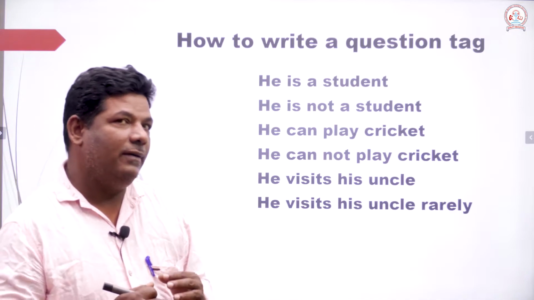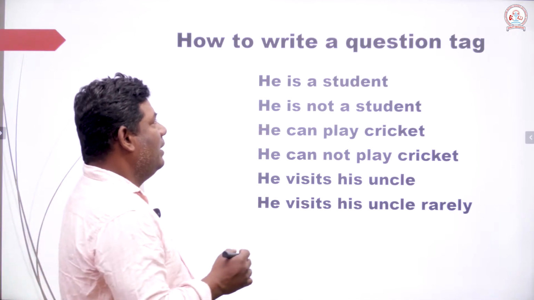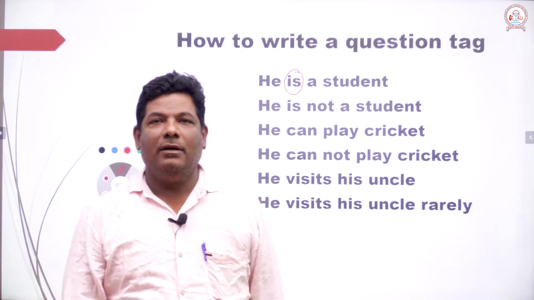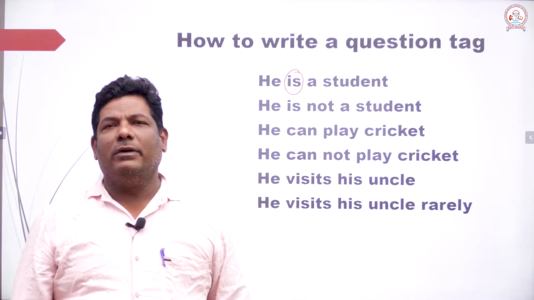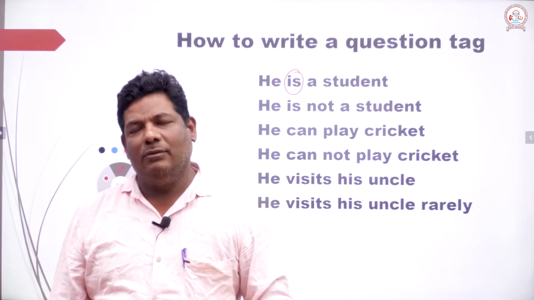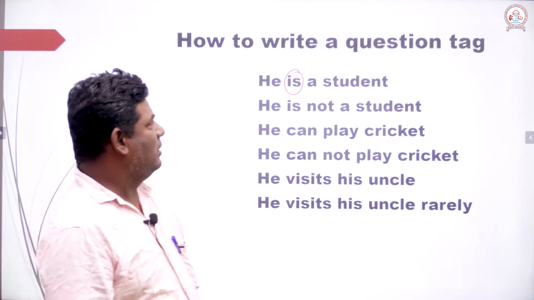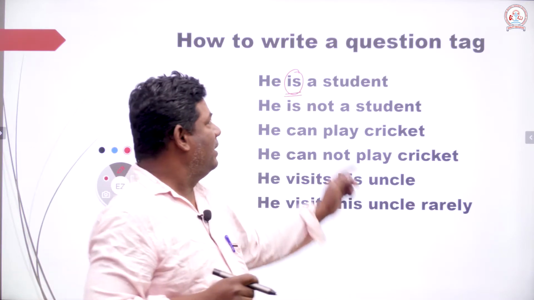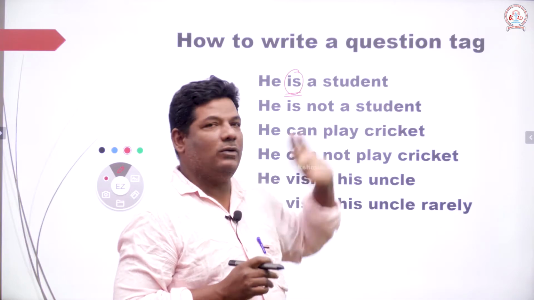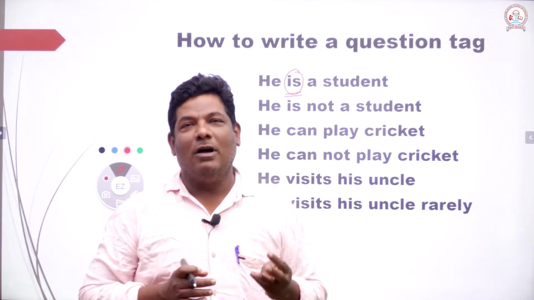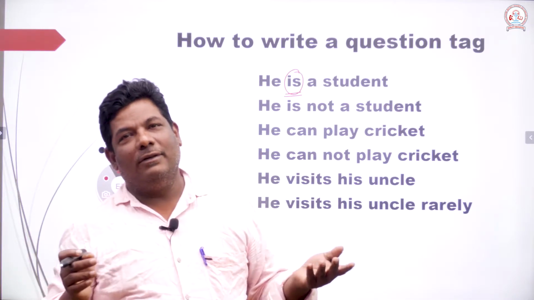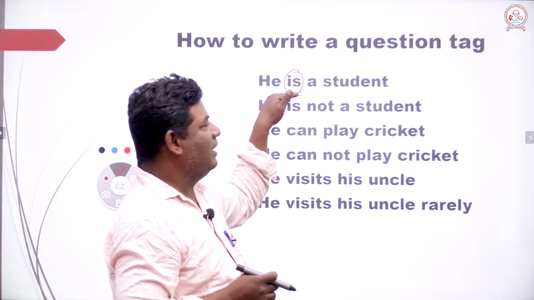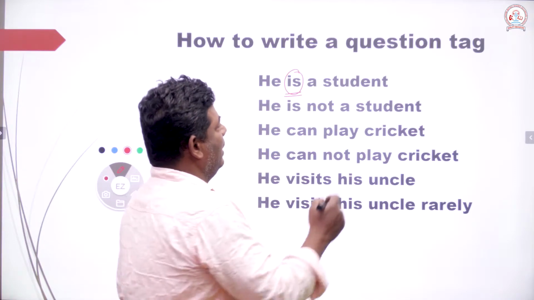You have to identify it. He is a student. Is is the auxiliary verb here. It's a be form verb. Just find the auxiliary verb. So, you must use is for writing the question tag. You cannot use was, were, or other forms of be form verbs. Is is given. Therefore, we must use is.